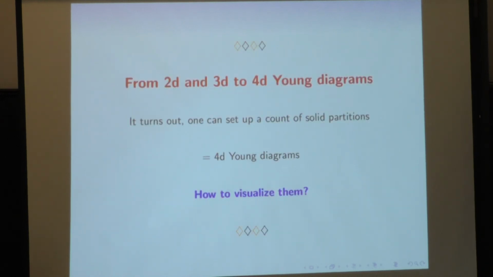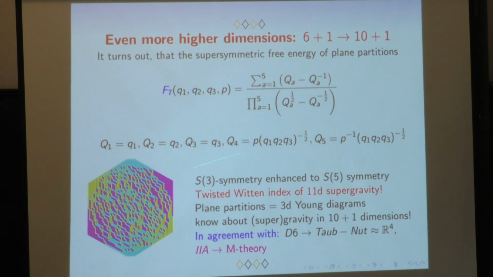Now, for a long time, since 11-dimensional supergravity is the maximal supersymmetric field theory which one can have by Nahm's theorem, I thought that the only meaningful problem with counting boxes would be a 3-dimensional problem.